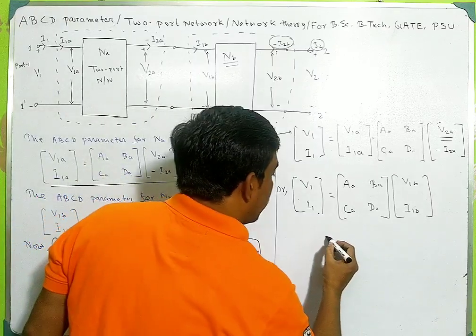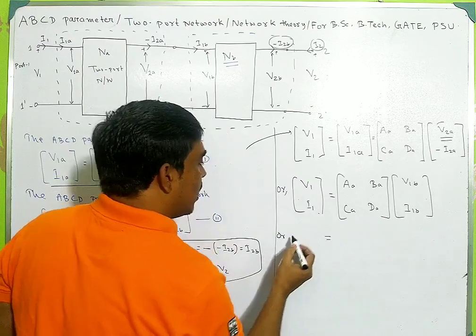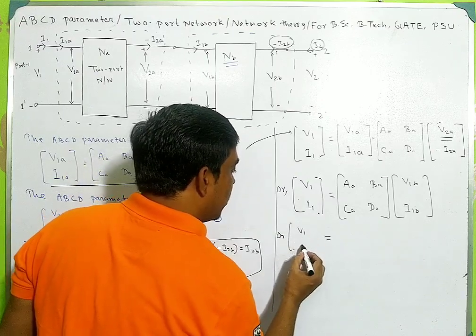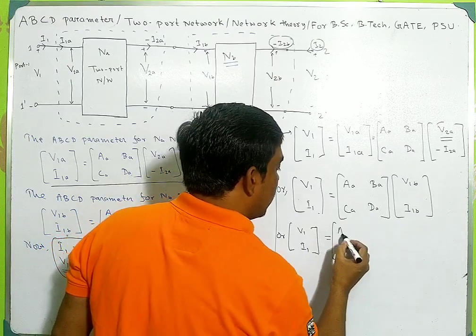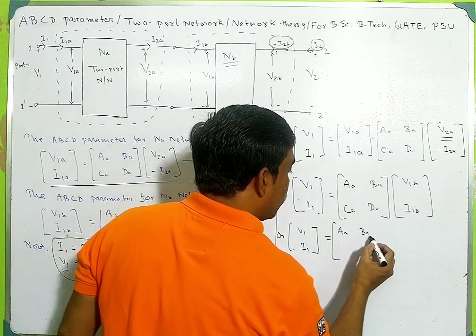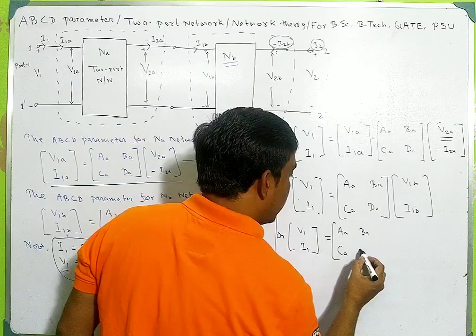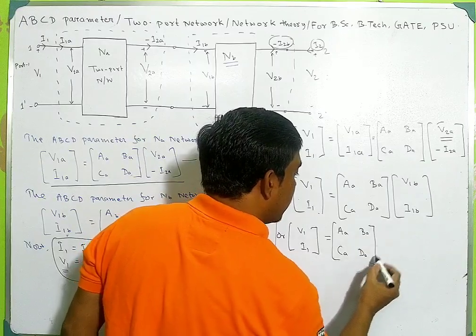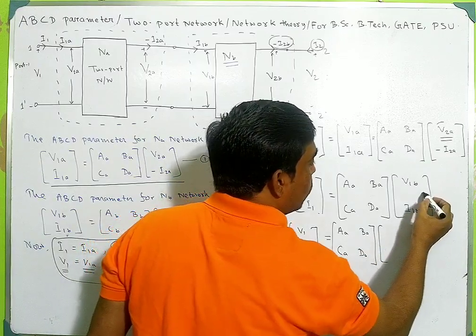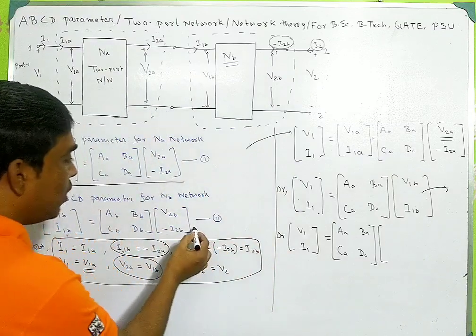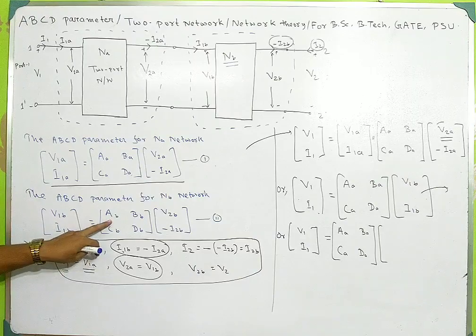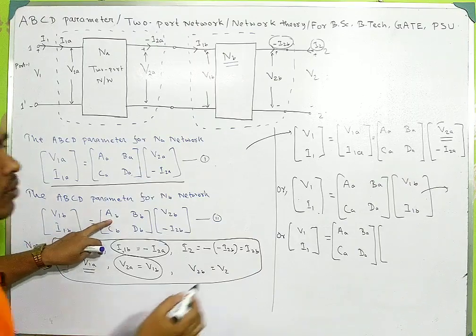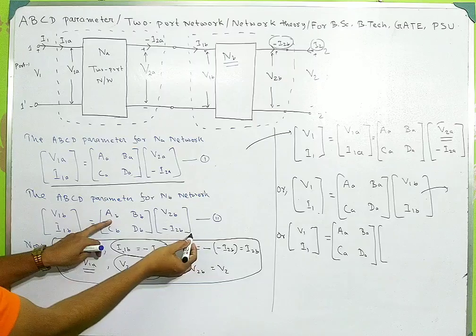Now we can write this is V1, this is I1, and this is AA, BA, CA, DA, and I will put this value. From equation 2 we can write that V1B, I1B is given by this. So I will put this value from equation 2.